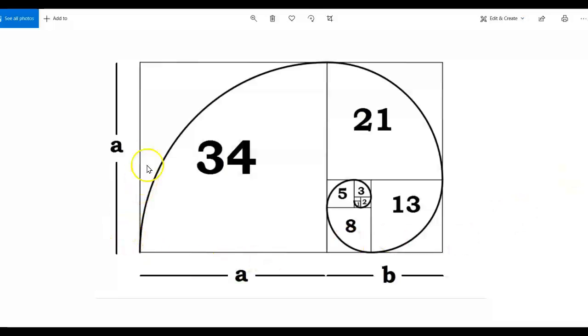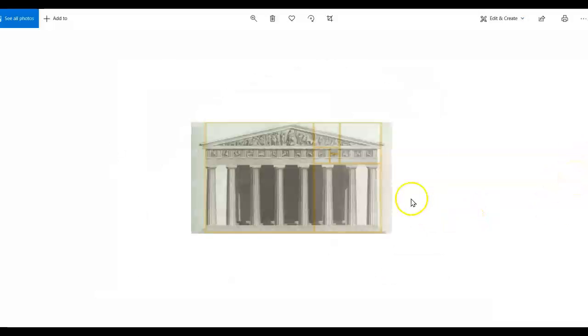well, here's another picture of it. And those of you math people, the Fibonacci sequence, it has a pattern, it has a system, a mathematical system. They have attributed the golden ratio to the Parthenon in Greece.